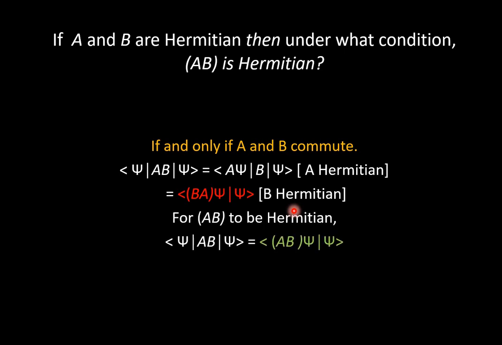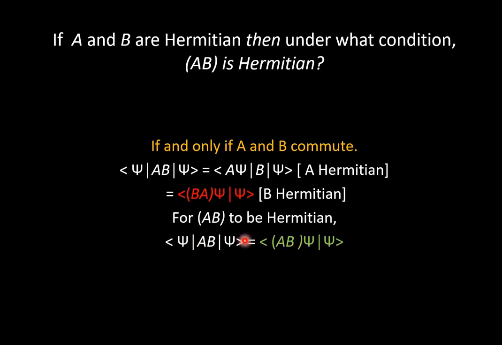Now the product AB, if this product is to be Hermitian, then the condition is that <psi|AB|psi>. So the product AB as a whole is Hermitian, that means we can take it by my thumb rule from the middle to the left. So AB comes here as such, <AB psi|psi>, right?